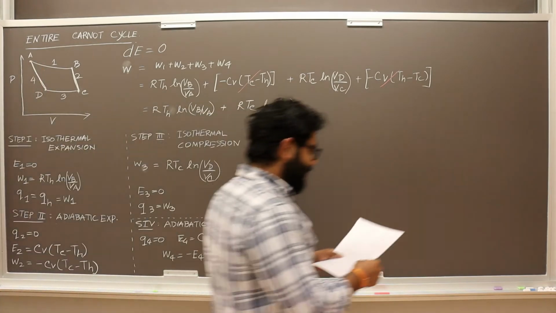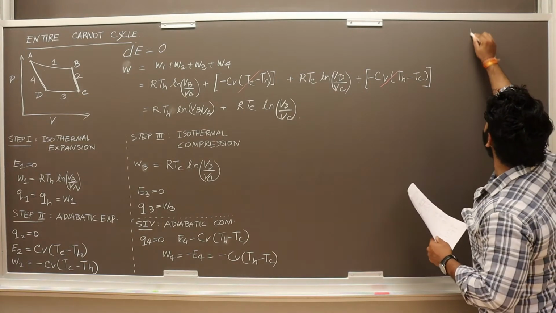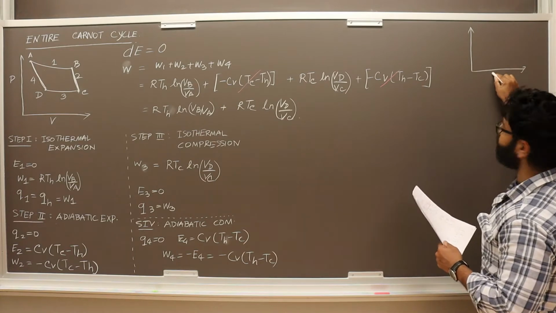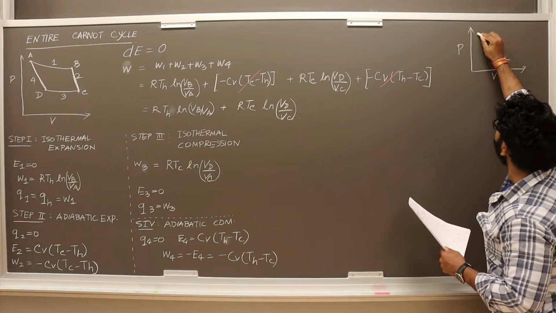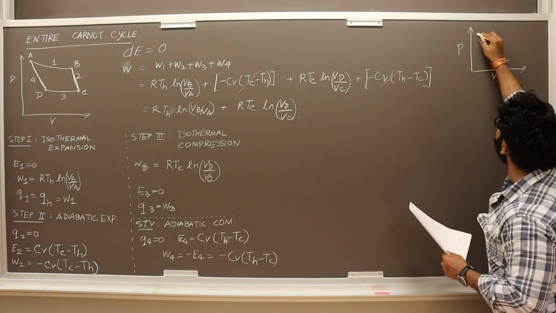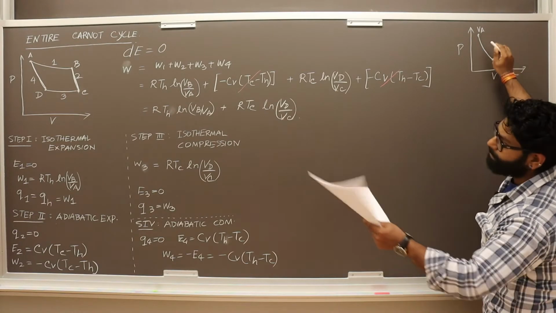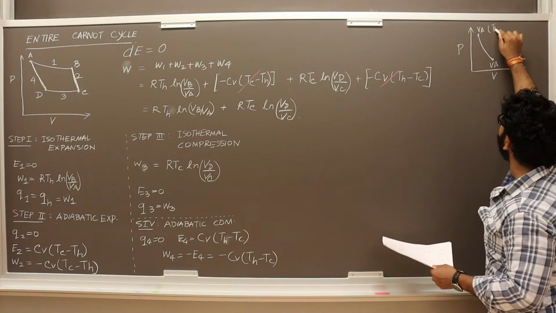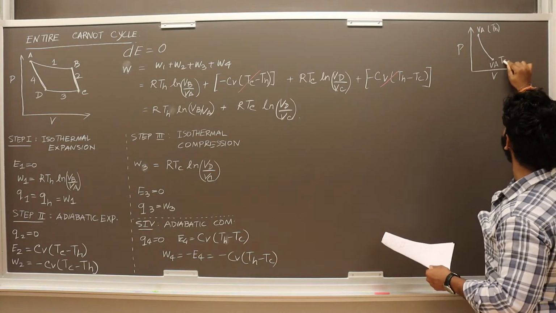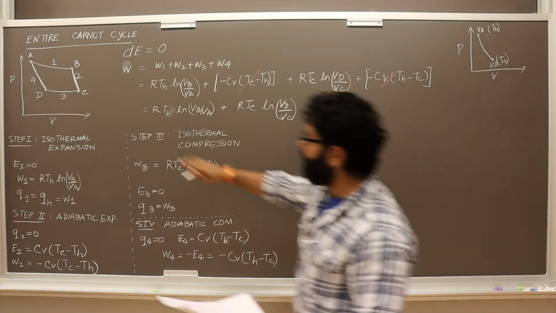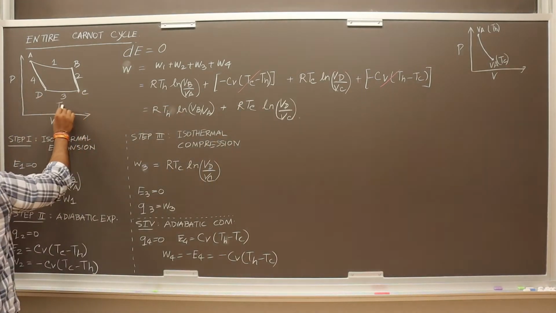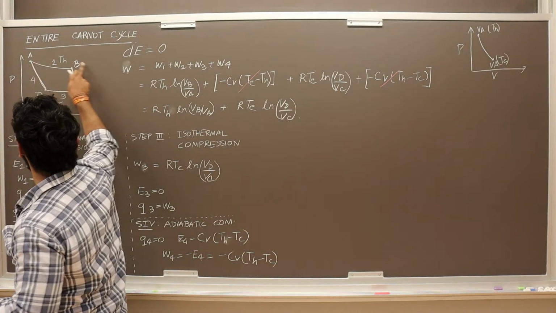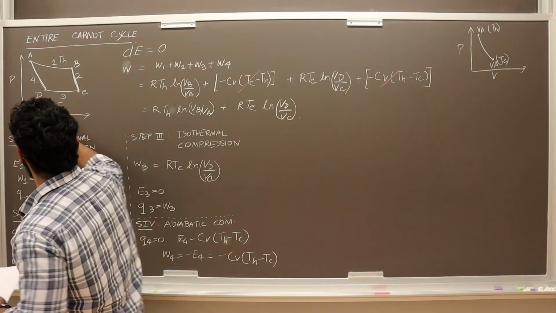For an adiabatic process, if I draw here, this is V, this is P. If you have an adiabatic process from here to here, this is VA, VD, this was TH, and this was TC. In this whole process it was TC, and in this whole process it was TH. The temperature at A and at B is TH, and the temperature at C and at D is TC.